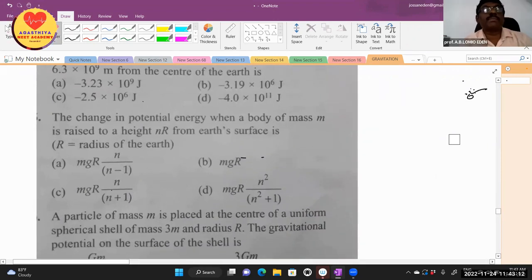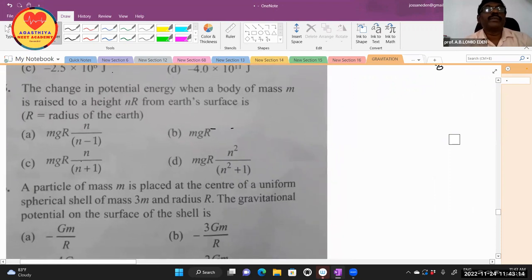Students, see this again. Next problem. The change in potential energy when a body of mass m is raised to the height nR from the Earth's surface is. Change in potential energy, that means what?